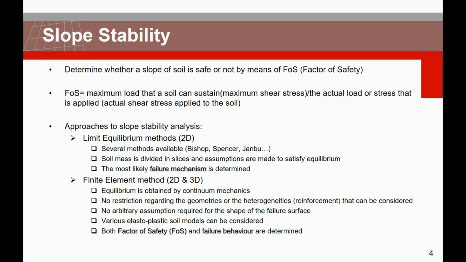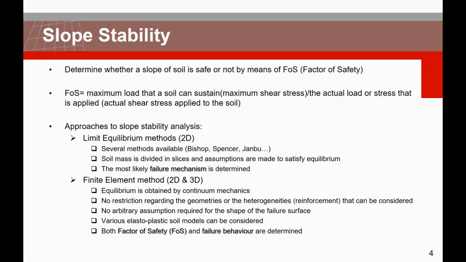The factor of safety is basically the ratio between the maximum load that soil can sustain, let's say the maximum shear stress, divided by the actual load or stress that is applied, so the actual shear stress. And this ratio determines if a slope is safe or not. The factor of safety should be higher than 1. If it's not higher than 1, then your slope is definitely not safe.